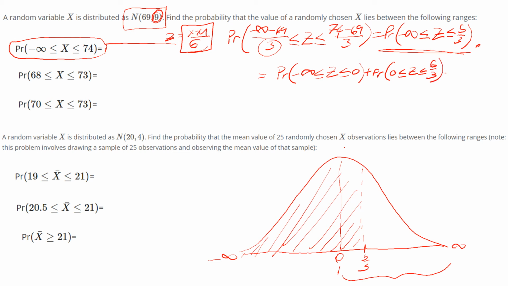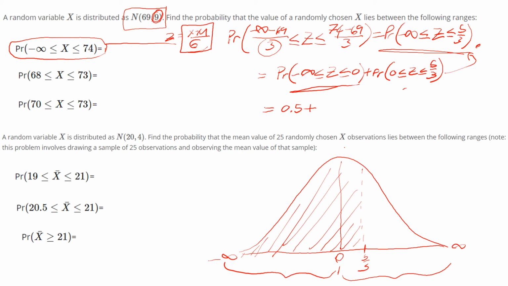This is identical to that. The only reason to split it up is so that we can actually look up the values in the Z table. Now this value doesn't need to be looked up. We know that the area under the curve for this half is equal to 0.5. So now we just need to add this value over here, and that we look up in the table.